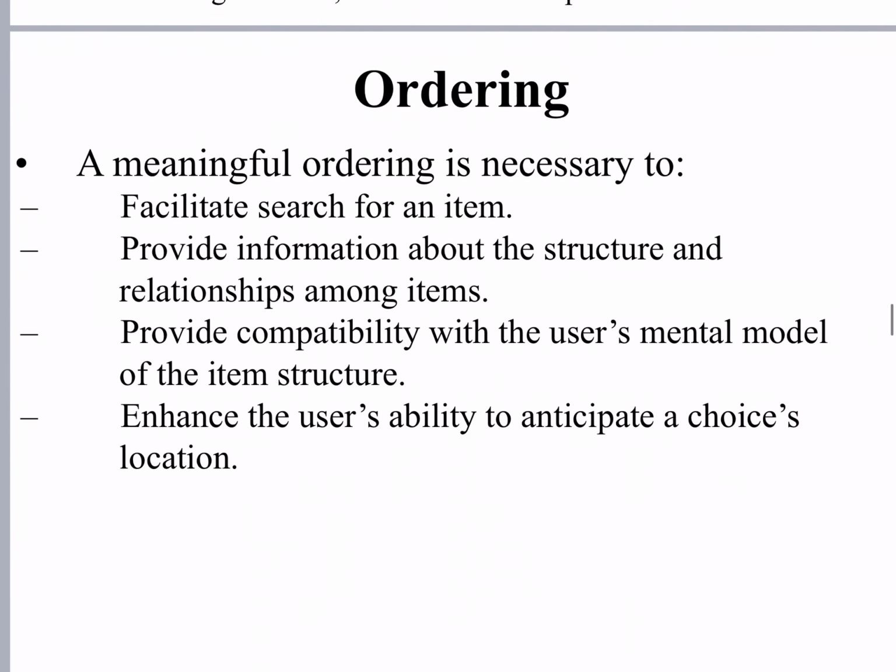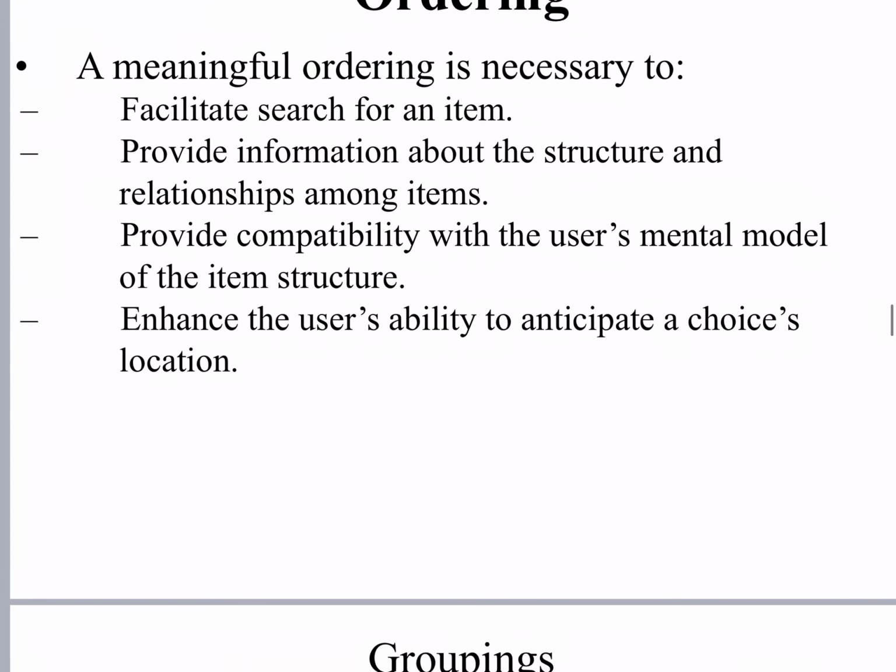A meaningful ordering should be facilitated. It should facilitate searching for an item, provide information about the structure and the relationships among items, be compatible with the user's mental model and the item structure, and enhance the ability to anticipate choice location.